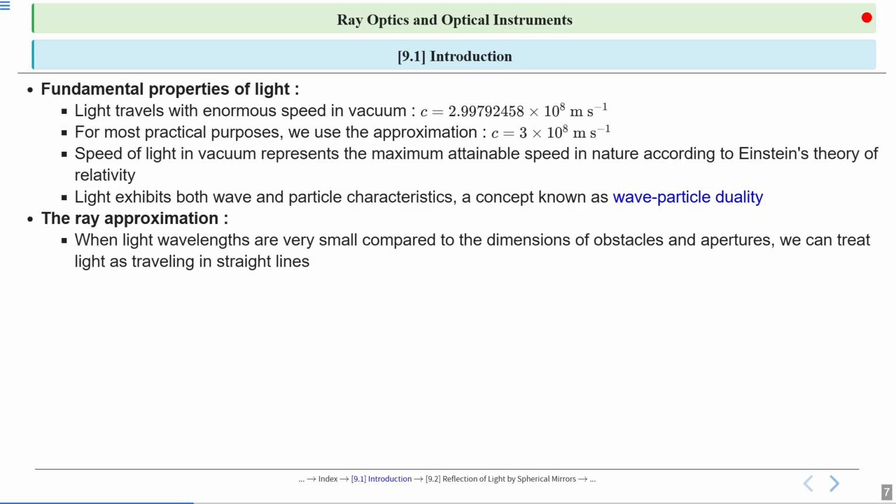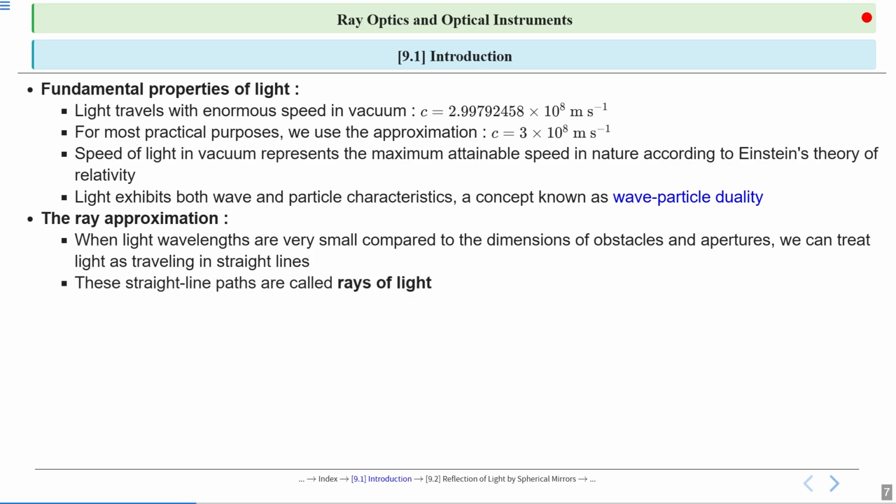We are using some lens through which light is passing, or some aperture, a small opening through any material. A slit is also considered an aperture. So the dimensions of obstacles and apertures in ray optics are considered very large compared to the wavelength of light.